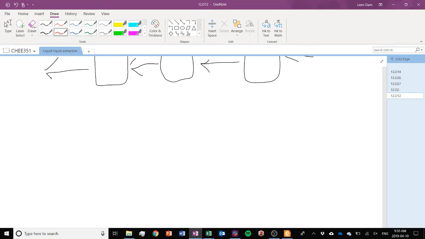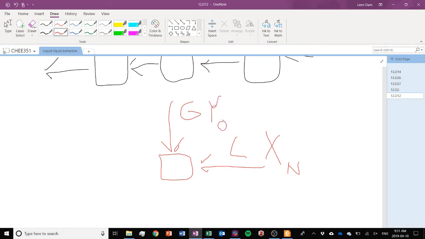All right, let's try to do a mass balance around one stage in order to see if we can derive an operating line equation. Around a single stage, you're going to have the entering liquid, L, with the weight ratio Xn, and you're also going to have the entering gas at a flow rate G with a concentration Y naught.